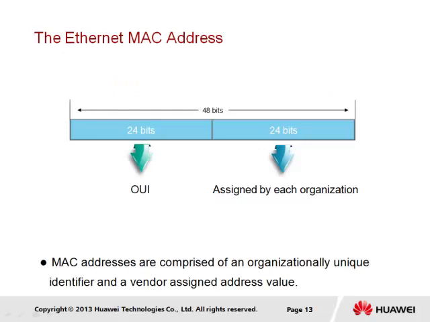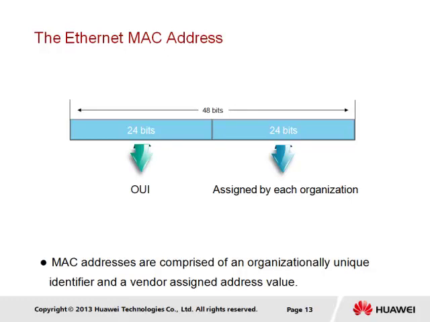Every MAC address represents a unique value that is assigned to represent each individual interface in a network segment. The MAC is composed of a 48-bit address that is divided into two parts. The first is an organizationally unique identifier, or OUI, that is requested from a numbers authority that assigns a range of MAC addresses to an organization.